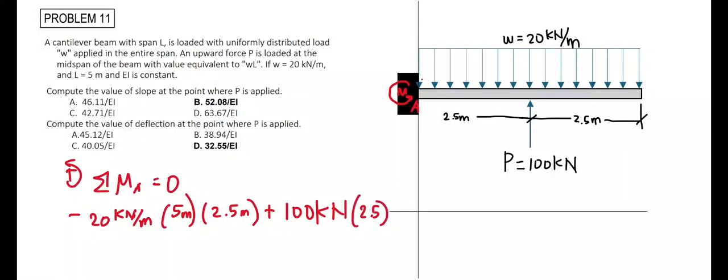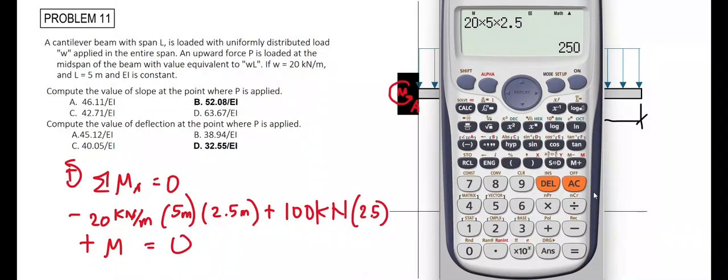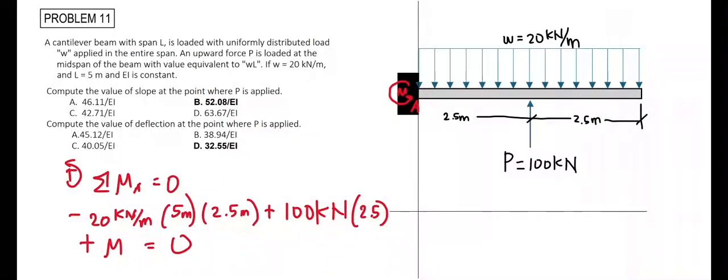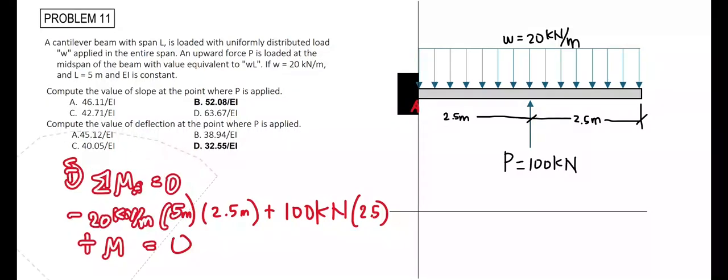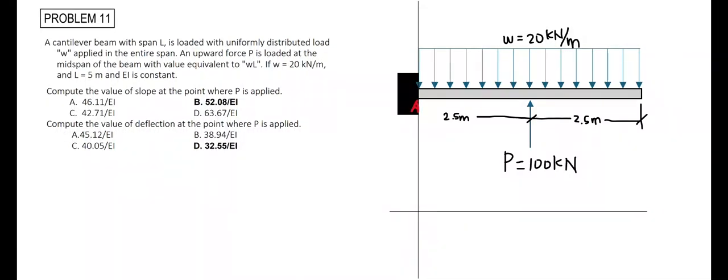We also have the moment induced by the fixed support that is going counterclockwise, so we add this up by M and equate the entire equation to 0. We can solve for M. That is a value equal to 0. So there is no moment induced at the fixed support, which means that the fixed support does not induce any reaction at all for this beam.